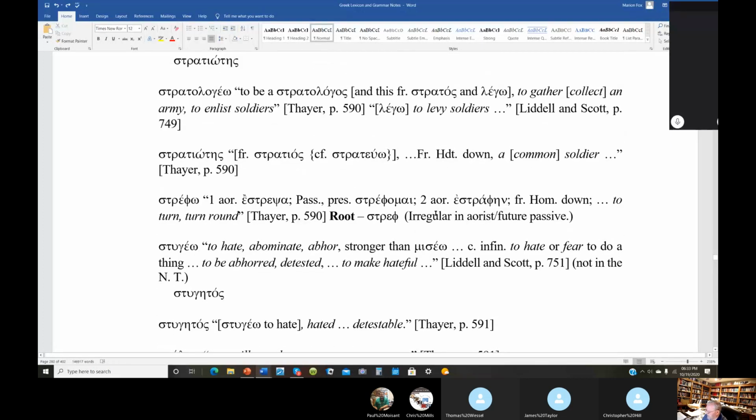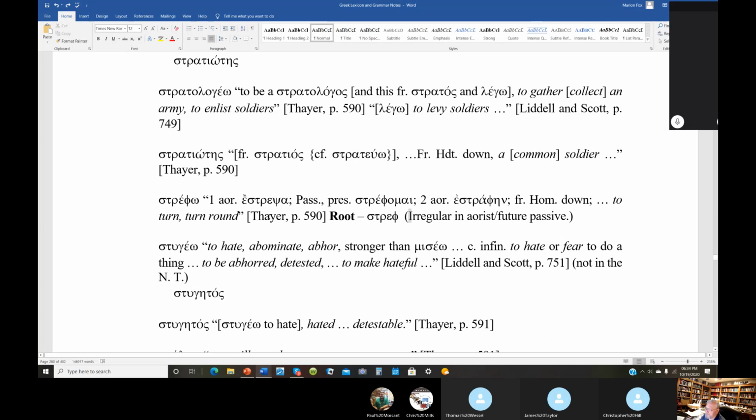Now, I've taken this book by Ward Powers that I gave you the reference for a moment ago. It has a list of all the verbs in the New Testament that are irregular and in what tenses they're irregular. Guess what I did for you? I typed those all into this file that you have.